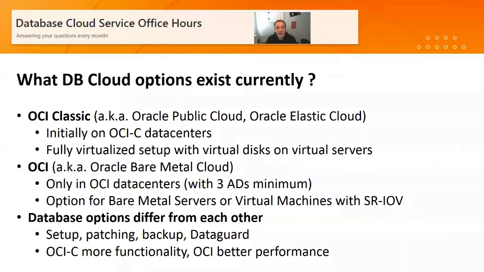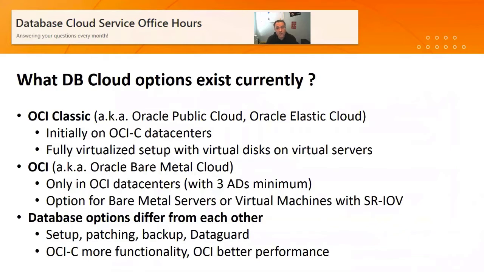So another thing that I found out is that we are now releasing more and more features in the cloud. There used to be, like I said in the introduction, OCI Classic, as in the virtualized environments in OCI Classic data centers. It's fully virtualized disk, virtualized instances.